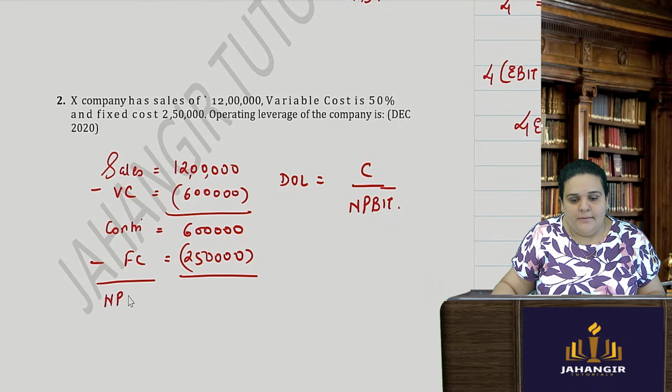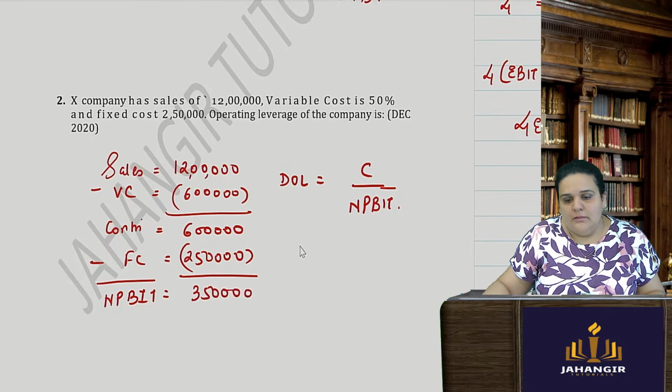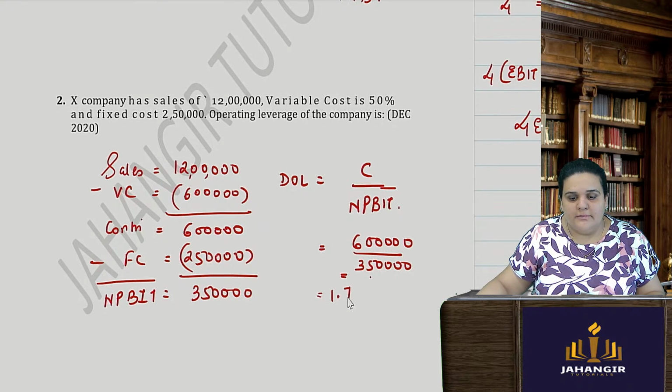So my NPBIT is nothing but 3,50,000. So contribution is 6 lakhs, NPBIT is 3,50,000. So the answer is 1.71 times.